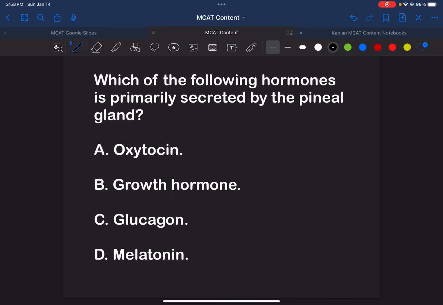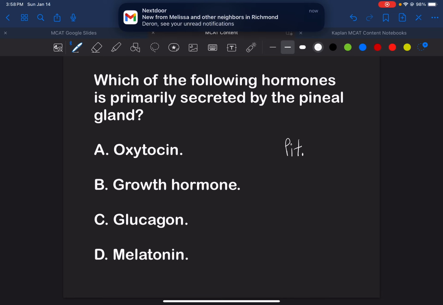So there is a mnemonic that I personally use, but as always, come up with your own mnemonic. So if we have the pituitary gland right here, and I'm saying pituitary, not pineal, the pituitary.